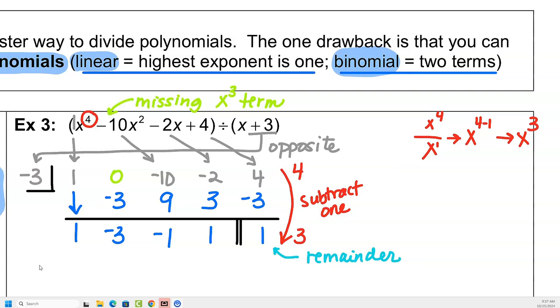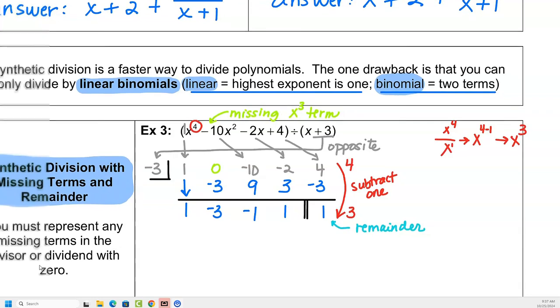So notice, because the divisor has to be, remember, a linear binomial up here, right? And linear means that the highest exponent is a 1. So that means that in this location right here, that's always going to be a 1 here, isn't it? In synthetic division. And so that's why you always subtract 1.